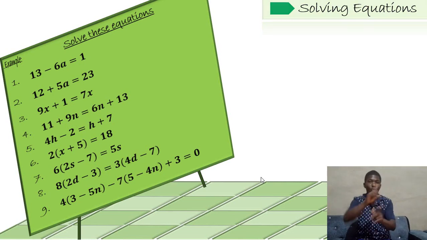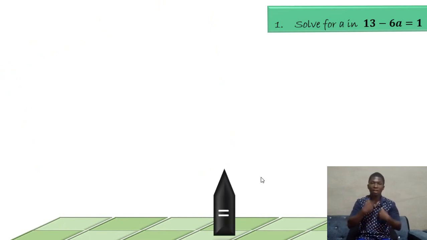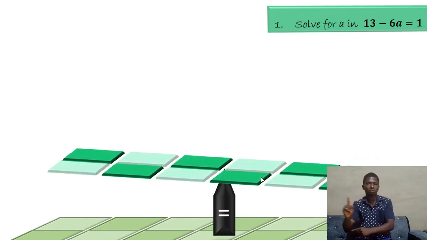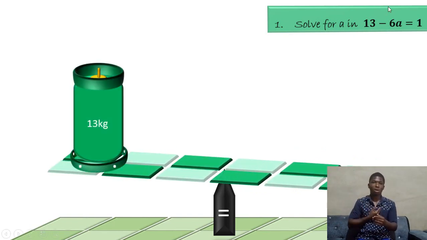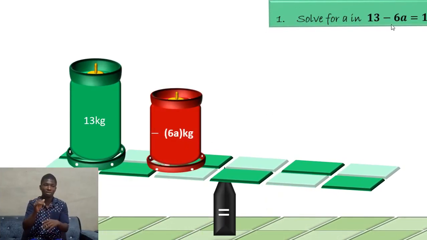So, question 1 says we are having 13 minus 6a to be equal to 1, right? So let's have a cylinder with the label of this 13 kg. So still on this side, let's have a minus 6a kg cylinder.